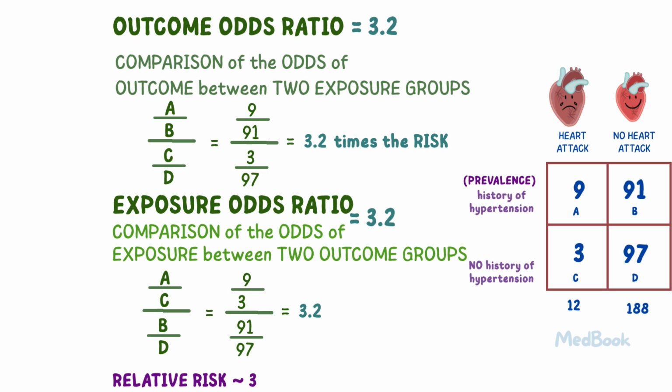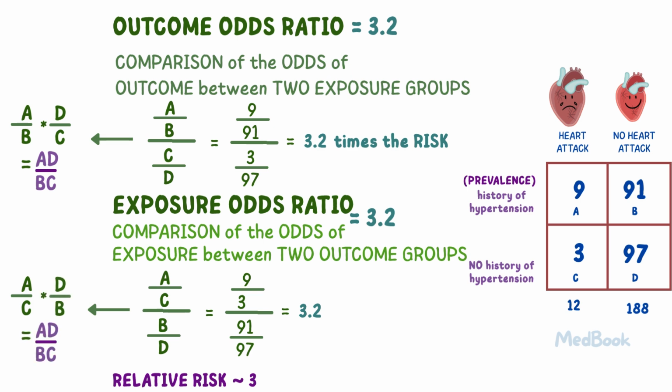So, we can rearrange the outcome odds ratio equation, A divided by B over C divided by D, into A divided by B times D divided by C, which turns into A times D divided by B times C. We can also rearrange the exposure odds ratio, A divided by C over B divided by D, into A divided by C times D divided by B, which also gives us the same equation.